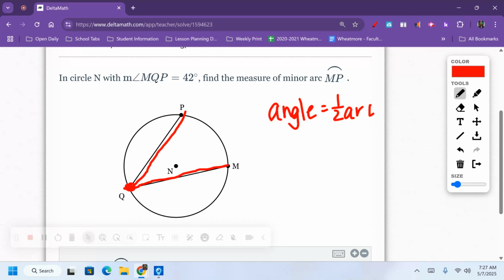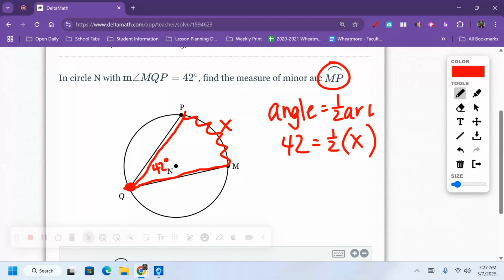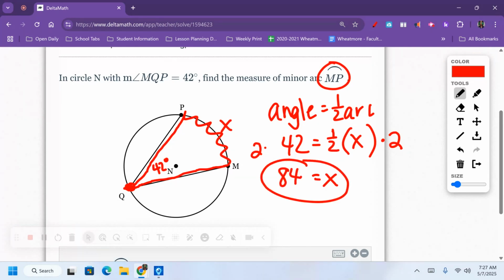They're telling me my angle is 42, and they're asking for this arc, so I'm just going to call it X. That's read as 1 divided by 2, so the opposite would be multiply by 2. If I do it on this side, I have to do it on this side. So my answer would be 84.